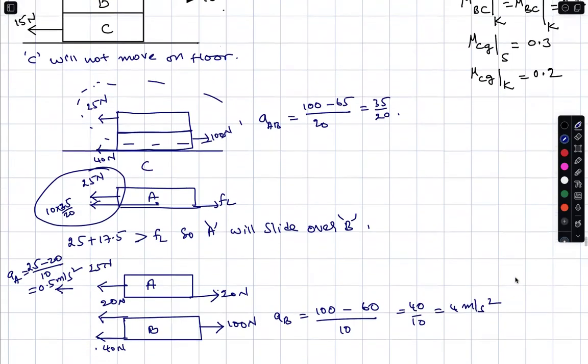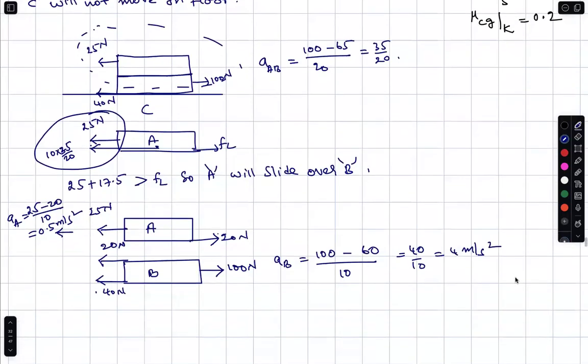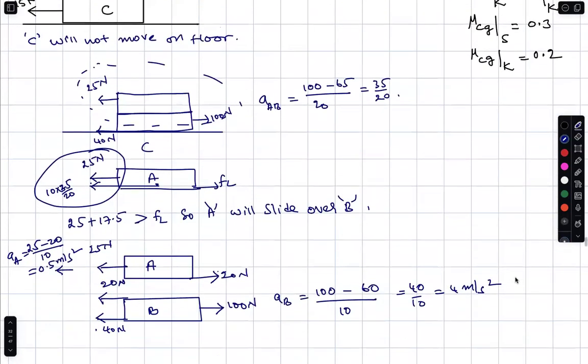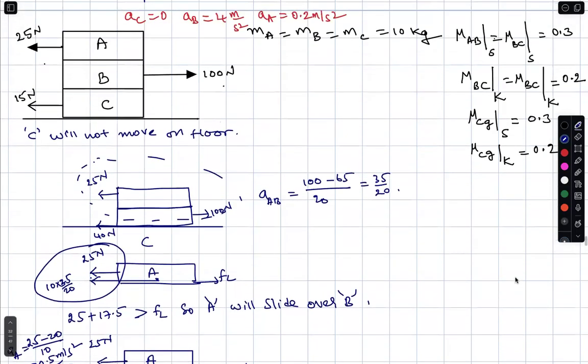Now, someone please confirm whether my calculation is correct in the place of A. A is experiencing 25 newtons backwards. And I said that there is a relative slipping. Right? So the net force is 5 newtons leftwards. 5 newtons by 10, 0.5 meter per second square.